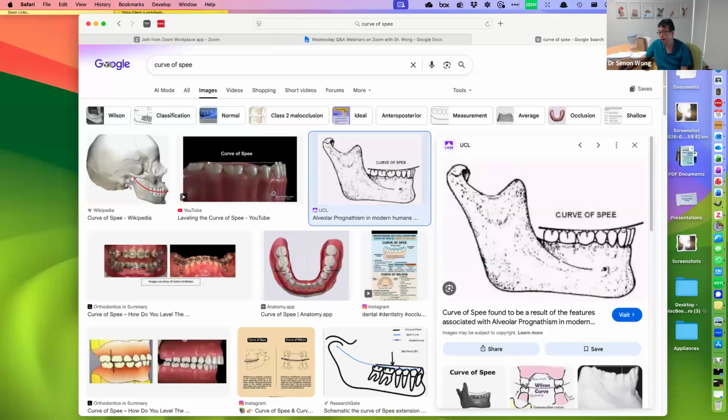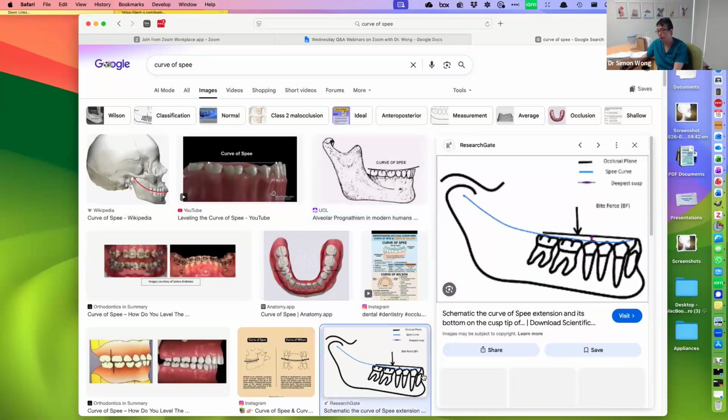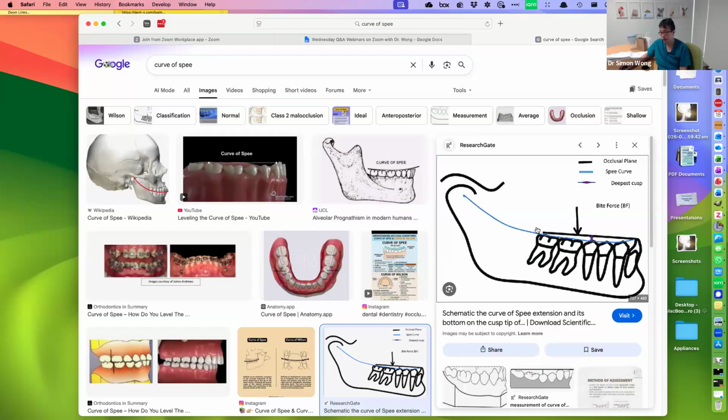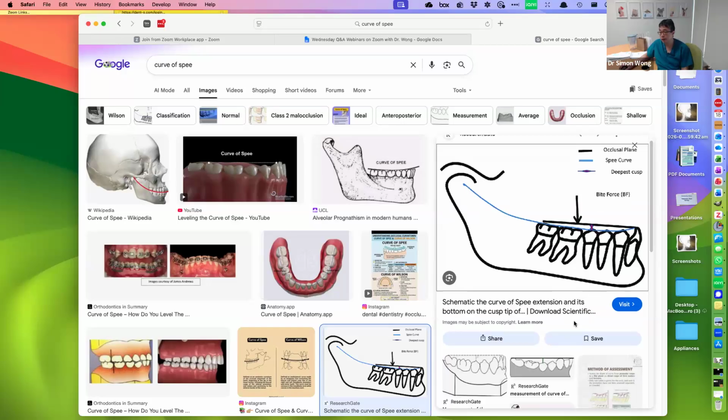So it has to do with this curvature, the relationship from the molar to the incisor tips. Just trying to figure out how flat the plane is versus how curved the plane is.